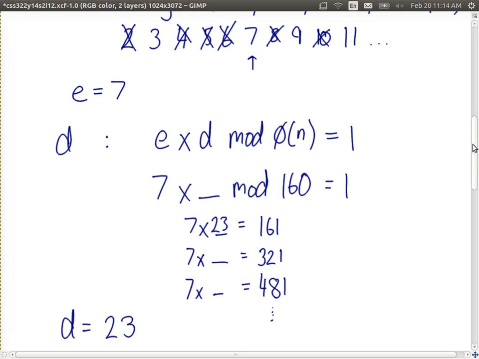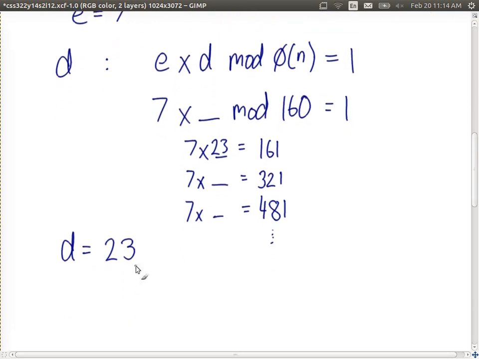Now we're finished. We've finished the key generation steps, and we denote the keys. We say the public key will be the value of E, and we also include the value of N in the public key. What was N? 187.